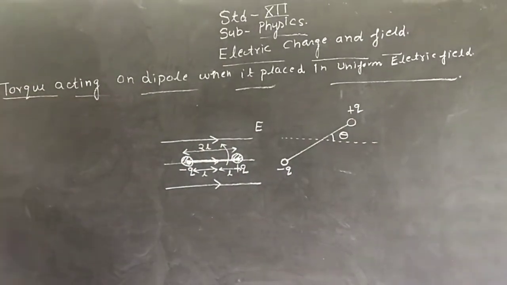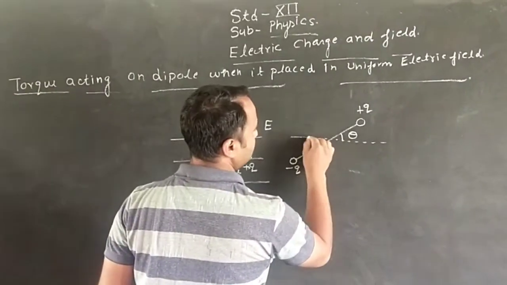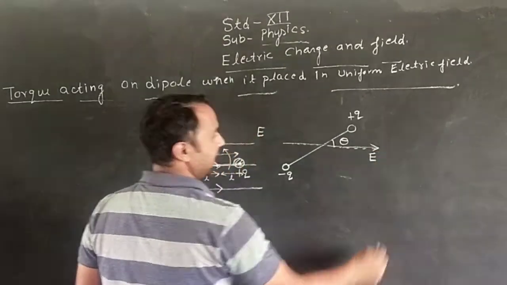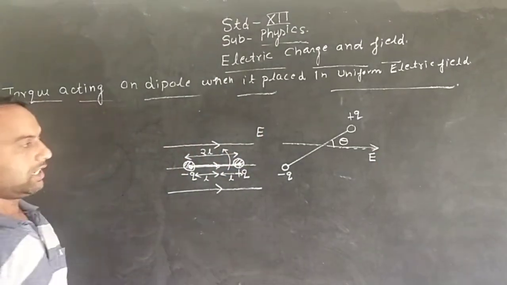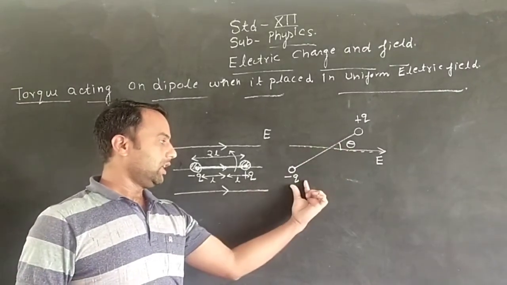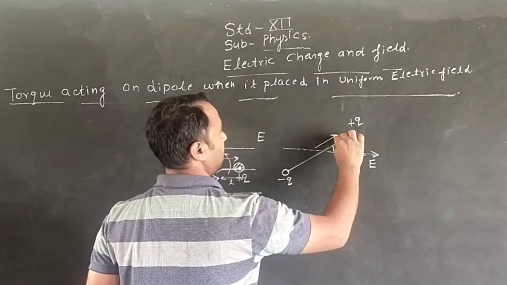This is the direction of the electric field, and the direction of the dipole is always from negative charge to positive charge, and this is the direction of the dipole.